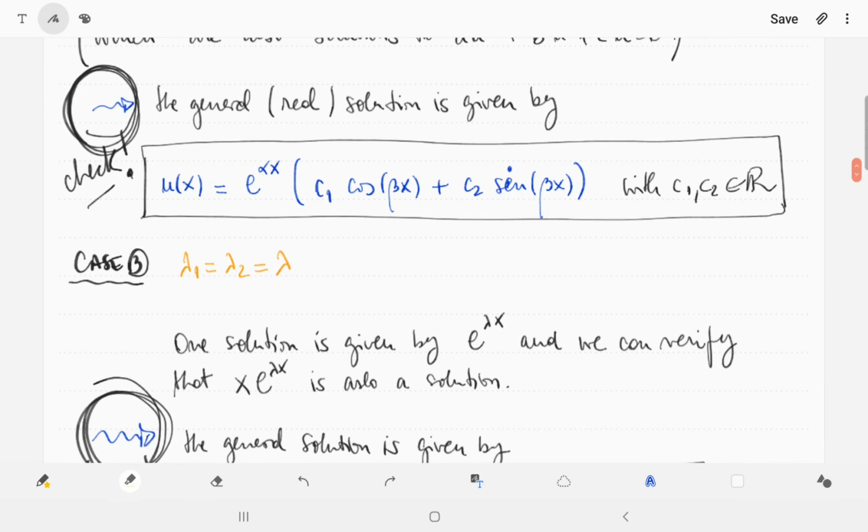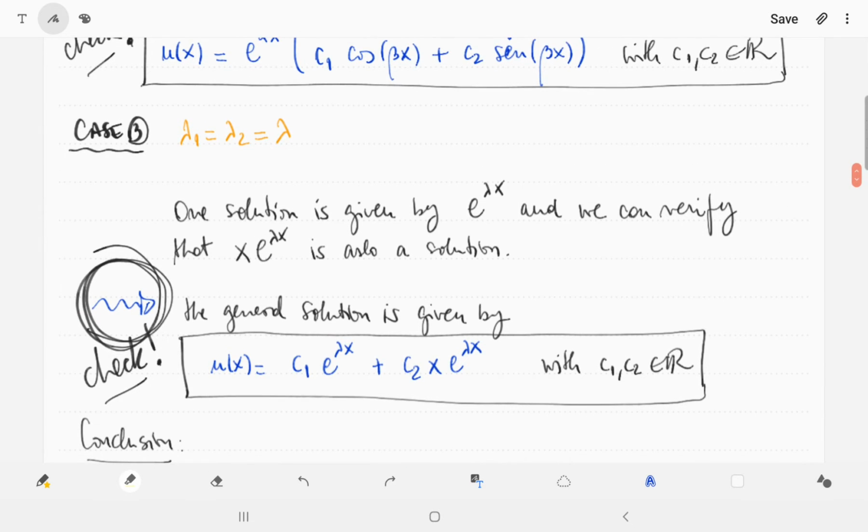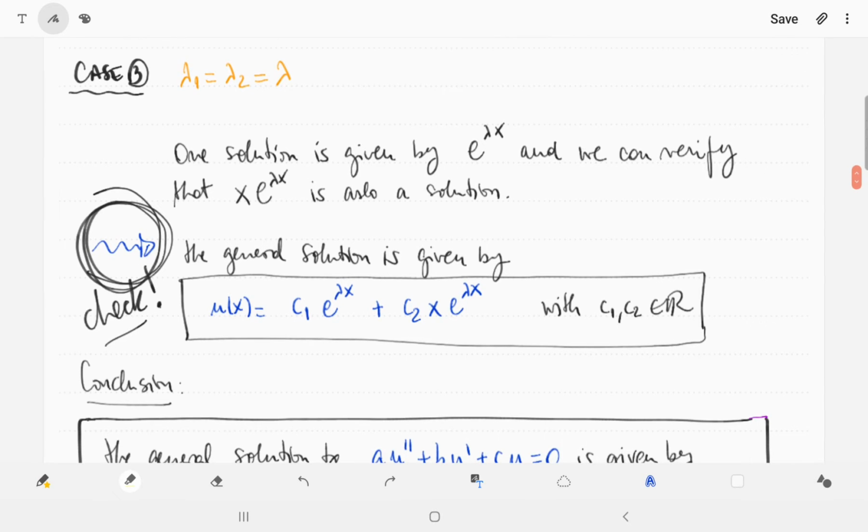Okay, third case and last one: when we have only one root with multiplicity 2.